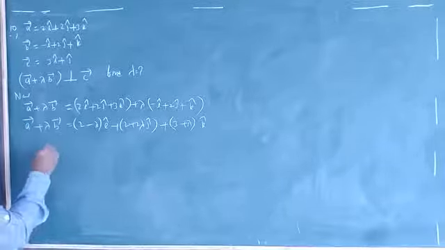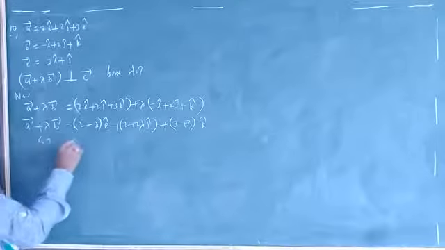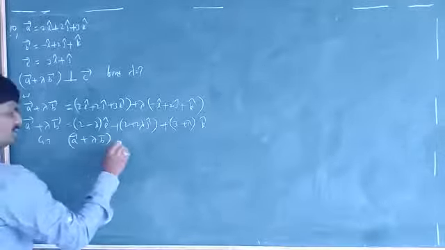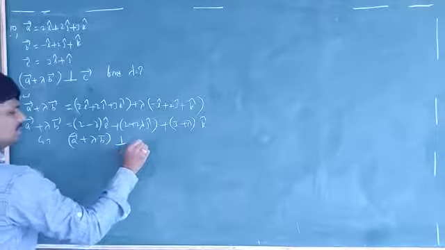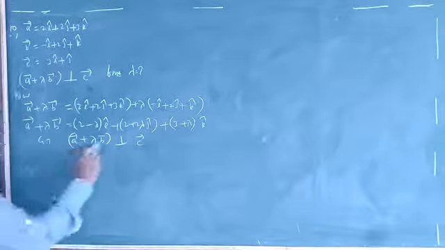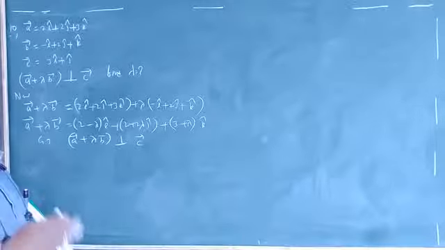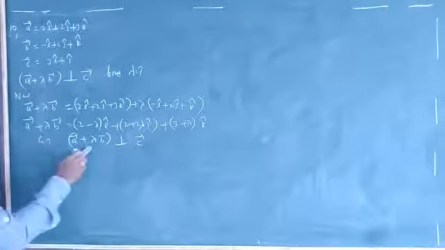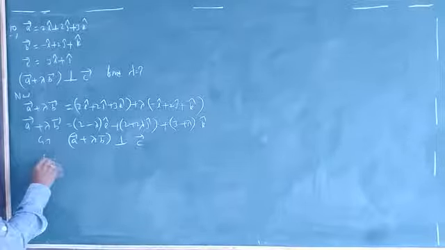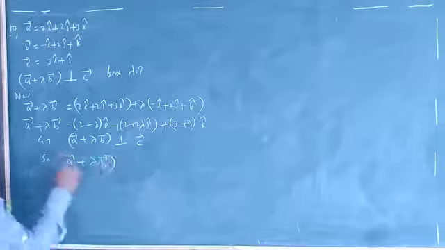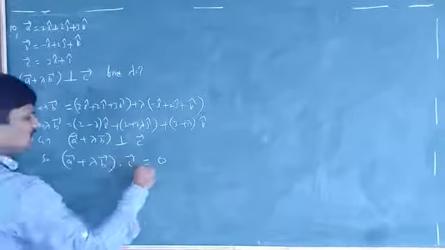Given that a bar plus lambda b bar and c bar are perpendicular, what do you know? If two vectors are perpendicular, their dot product is equal to 0. So a bar plus lambda b bar dot c bar is equal to 0.